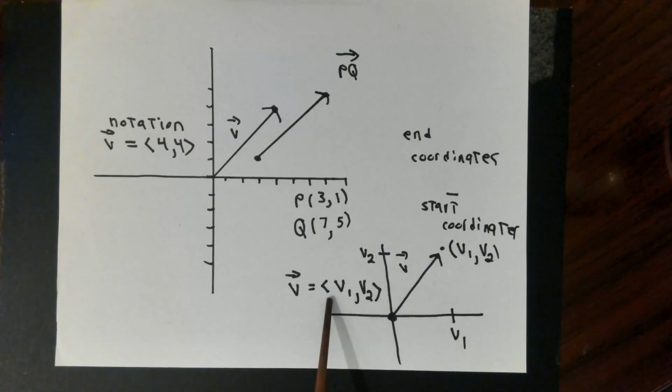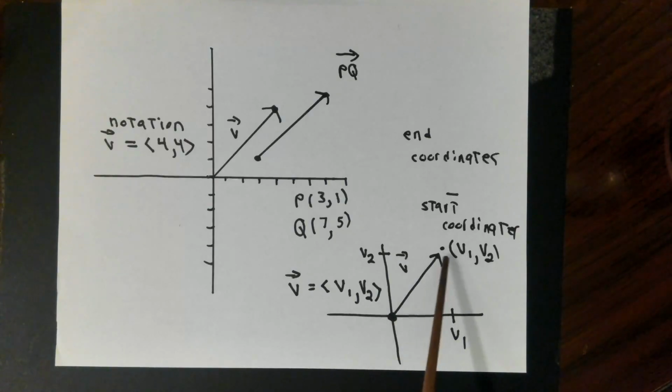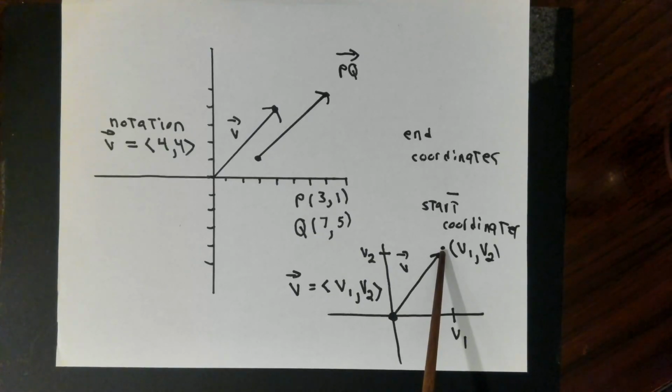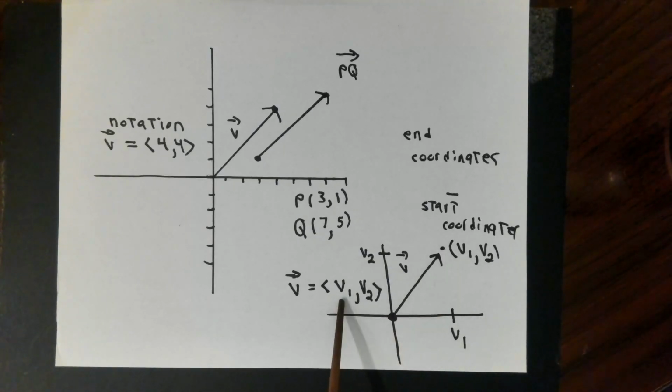When I use the bracket notation, the sharp angle notation, I'm referring to the entire arrow that starts at the origin and has v1, v2 as the x and y coordinates of the end point. These numbers, v1 and v2, are called the components of the vector. This form, naturally, is called the component form of the vector.